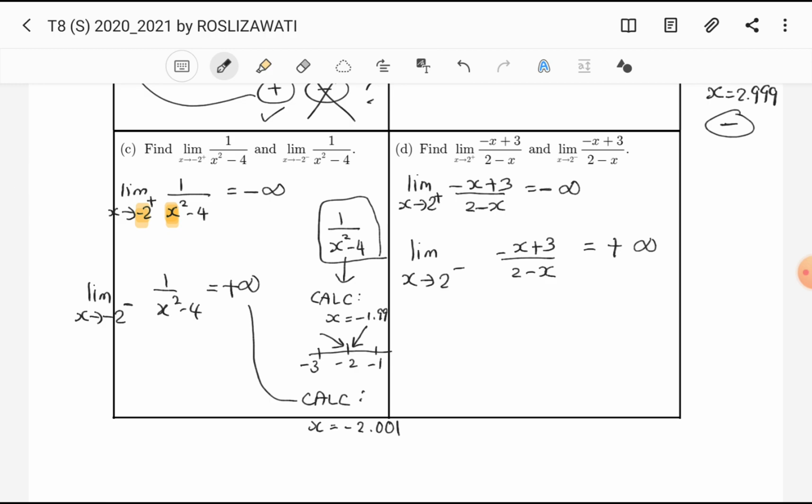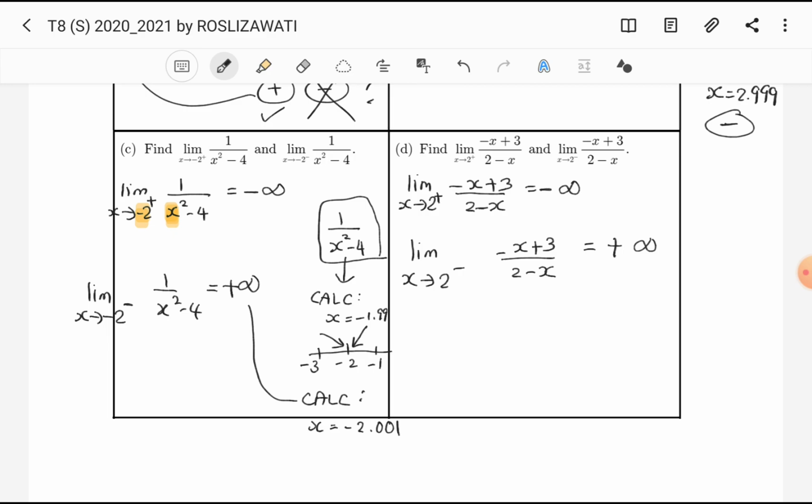Untuk limit at number, bila kita masukkan nombor tu, kita plug in dalam X, mungkin kita dapat jawapan dia nombor biasa ataupun dapat 0 over 0. Kalau 0 over 0, kita kena simplify using factorization or multiplication of the conjugate.